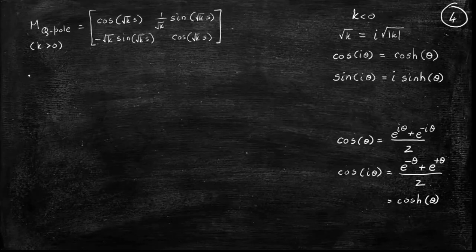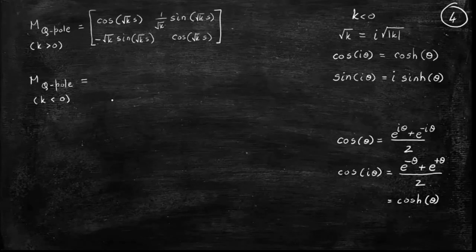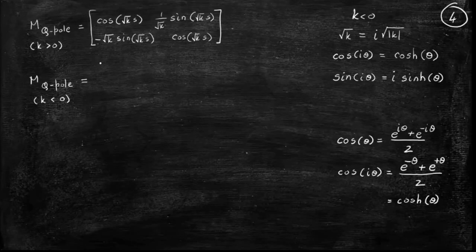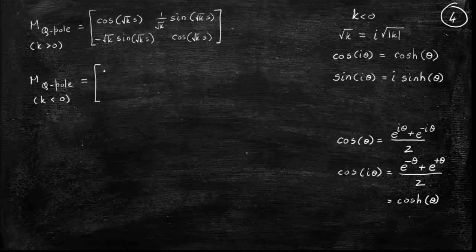So if I want to answer the question on what is the transfer matrix for a quadrupole which has k in the negative direction, what would be the result? Cosine of root k times s will be cosine of I times root of mod k times s.